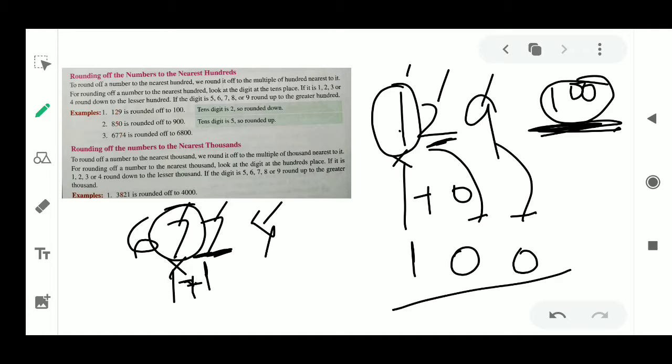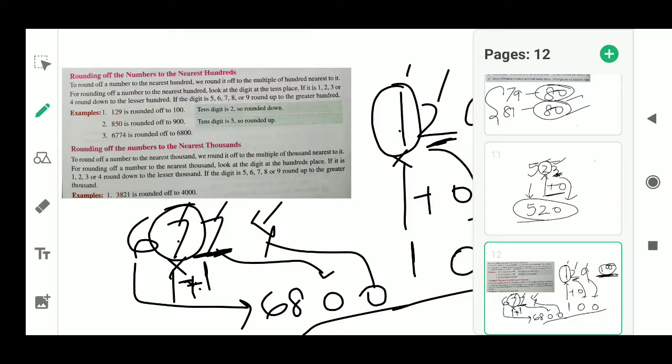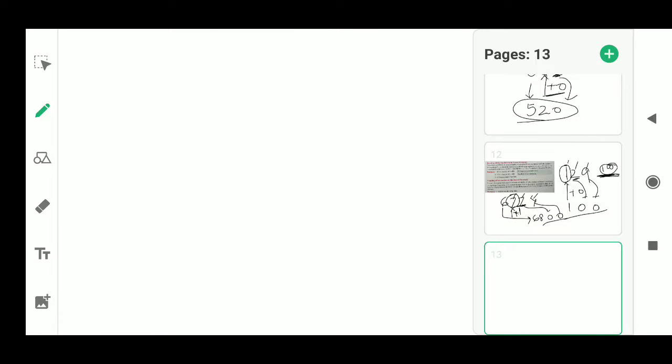I told that the left side of the circled number we write the same, so we write the same 6, this 7 plus 1 is 8, and the rest is the right side of the circle, so this becomes 0 and this becomes 0. So your answer is 6800.